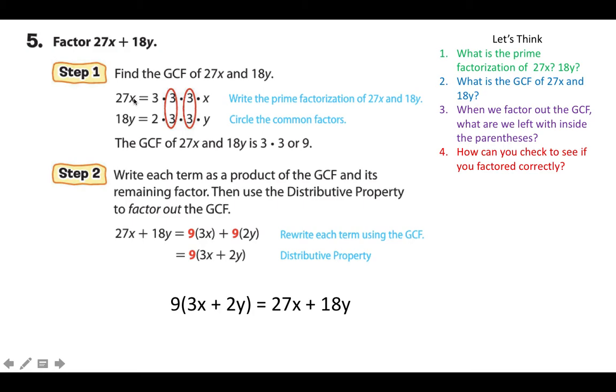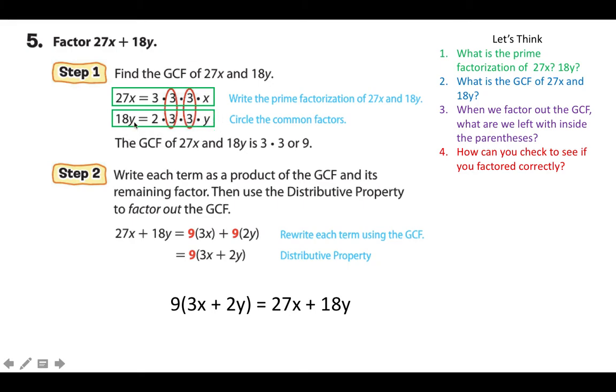So let's find the prime factorization of 27x and 18y. Well, the prime factorization of 27x is 3 times 3 times 3 times x. Notice here that 27 times x means that we still have to multiply times that variable. 18y is 2 times 3 times 3 times y.